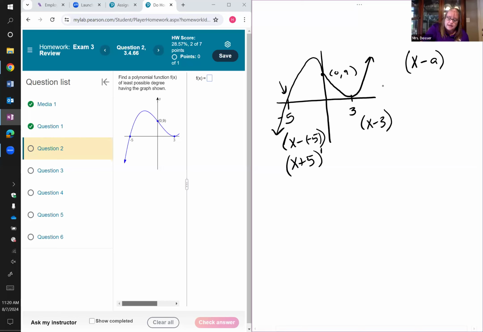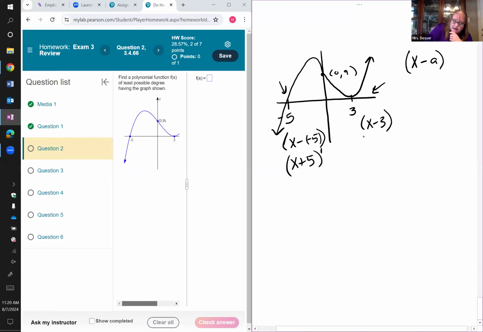Now, when the graph touches and goes back the way it came, when it doesn't actually cross the axis, it bounces like it does here at 3. That's considered to have even multiplicity, meaning that factor occurs an even number of times. So either 2 or 4 or 6 or 8. Again, to have the least possible, we're going to pick the smallest of those, which is 2.